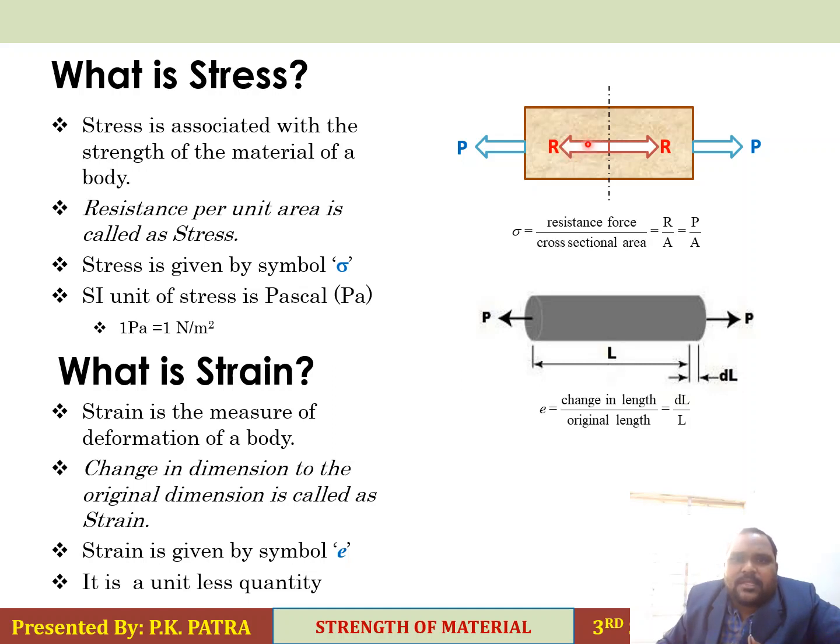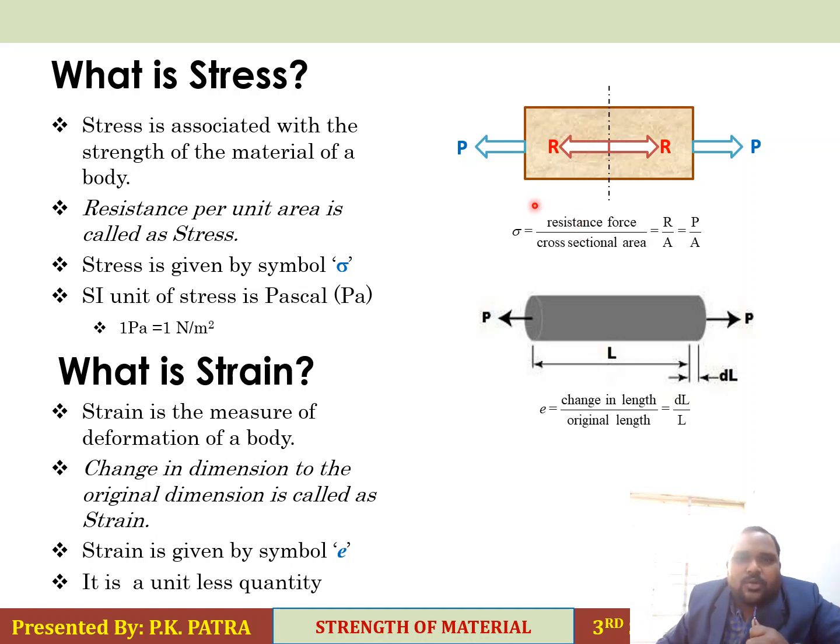So this resistive force counteracts the effect of this load. If this resistive force is more and more, then it can provide good resistance, so there is no failure. If this resistance force is not sufficient compared to the applied load, then there will be a permanent deformation and there will be failure.